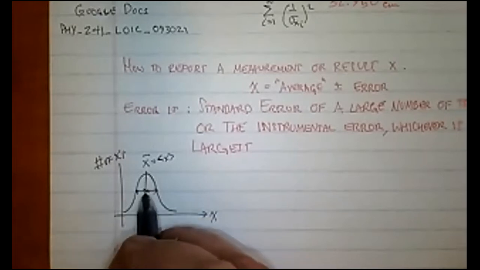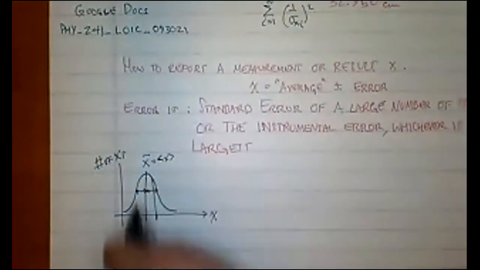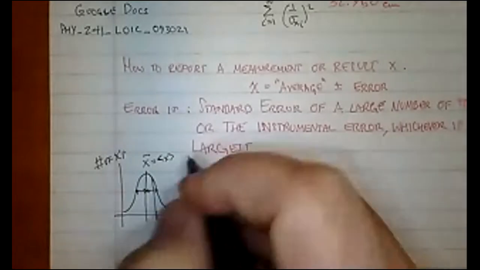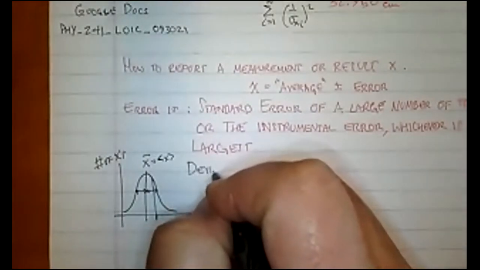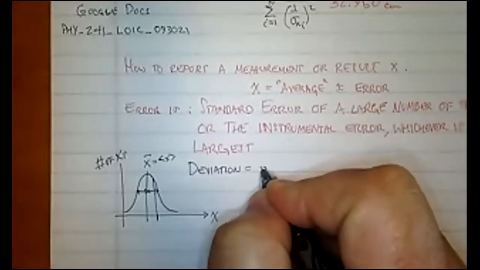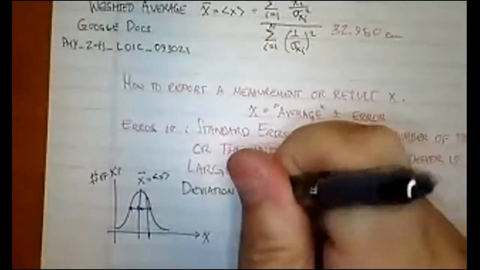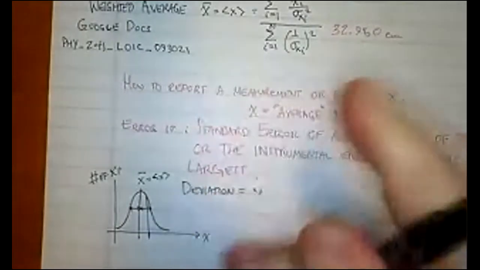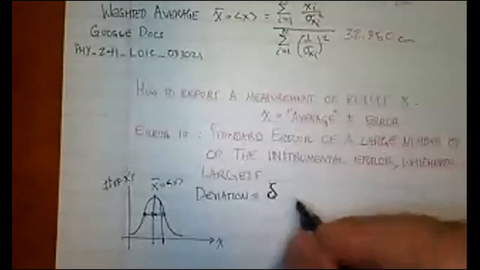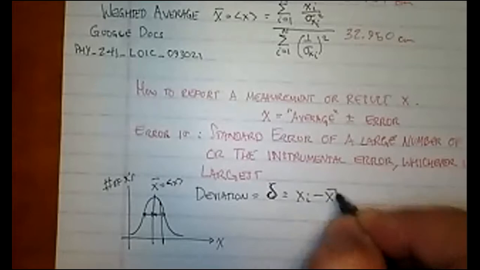And the difference between a particular value, let's say this one, and the mean is called the deviation. So you could say the deviation is equal to, actually, I don't want to use that symbol. I just went dyslexic and made two symbols. I want to use the lowercase delta. The delta is defined to be x sub i minus x bar.